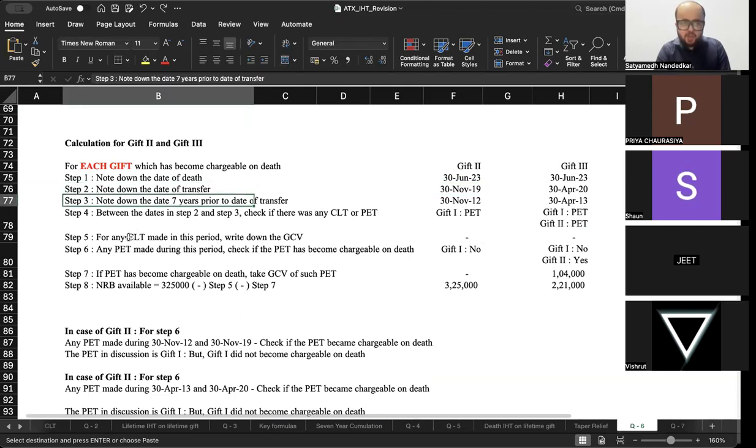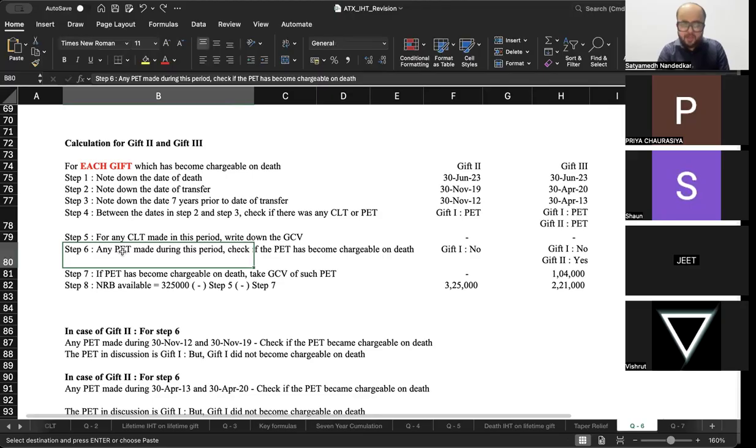Step 3, note down the date 7 years prior to the date of transfer. ठीक है, 30th November 2019 is the date of transfer. उसके पीछे 7 साल जाओ, you will arrive at 30th of November 2012. ठीक है, now between the dates in step 2 and step 3, check if there was any CLT or PET. There was a PET. Yes, gift 1 was a PET. For any CLT made in this period, write down the GCV. There is no CLT.